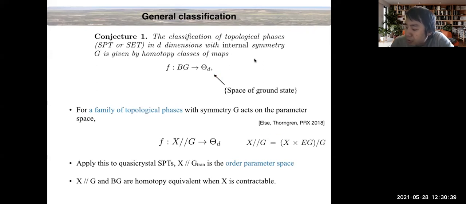They propose that we should replace BG by the homotopy quotient of X. We can apply this to our quasicrystalline SPT cases, and the homotopy quotient of X is essentially the order parameter space in our case. And it's a theorem that when X is contractible, the homotopy quotient of X and BG are homotopy equivalent. That's why you have this quasicrystalline equivalence principle.